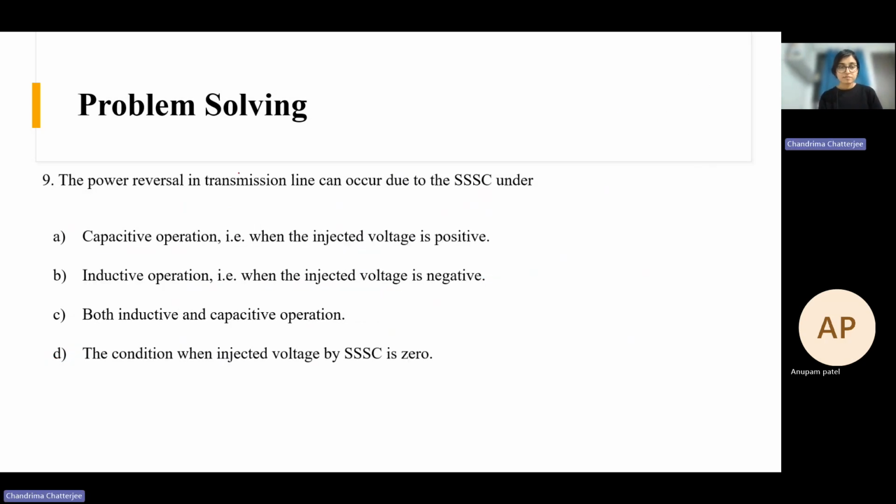Next question. The power reversal in transmission line can occur due to the SSSC. So power reversal, I discussed that in the P-delta curve for SSSC.